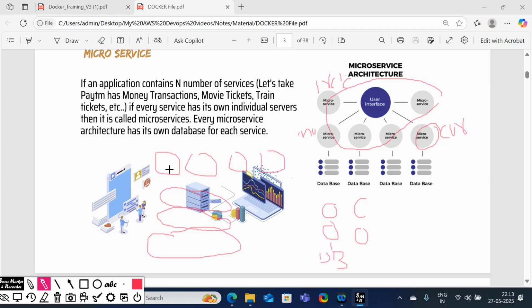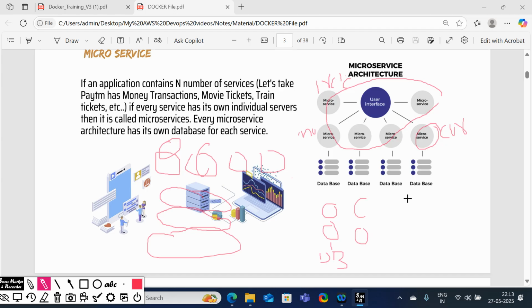In that way you can effectively utilize your hardware. At the same time, you can run your multiple services over multiple servers. If any of the service, server or container goes down, it is not going to impact the other containers running over the same machine. So in this way we can achieve high reliability, cost saving, effective utilization, fast deployment, and zero downtime.